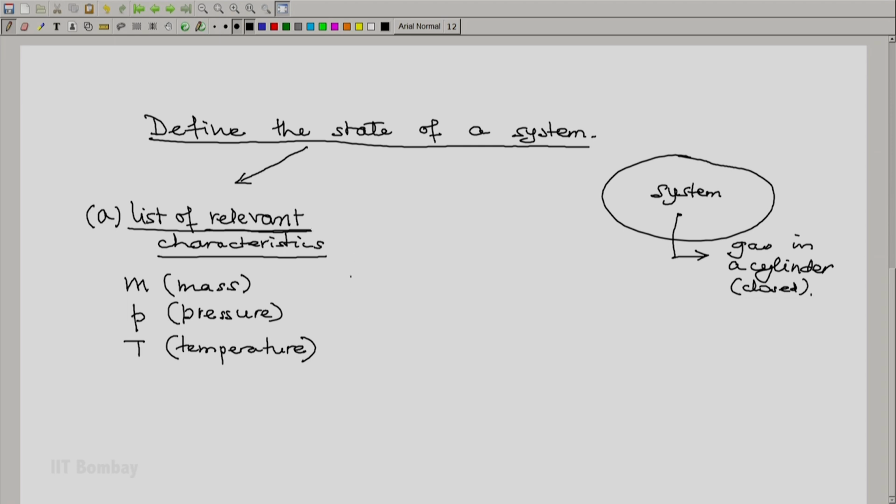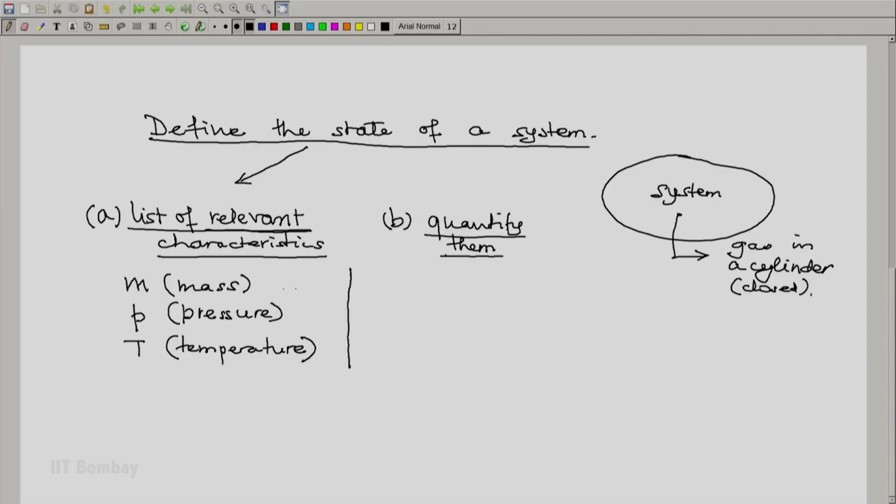So after making a list of relevant characteristics, the second operation is to quantify them. By quantification we mean measure, or by hook or by crook somehow put a value on each of these relevant characteristics.